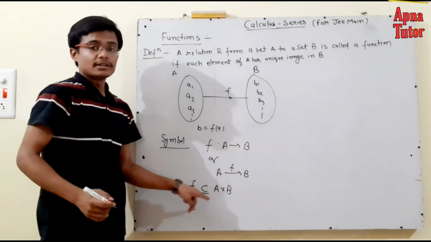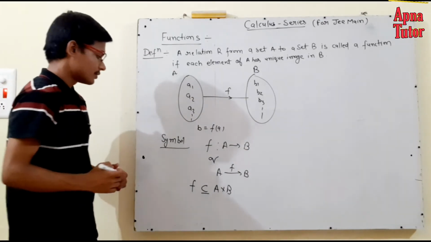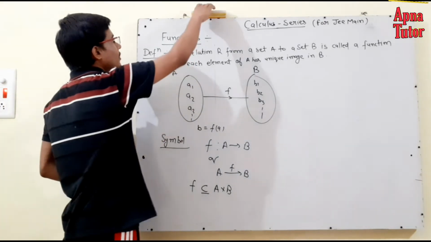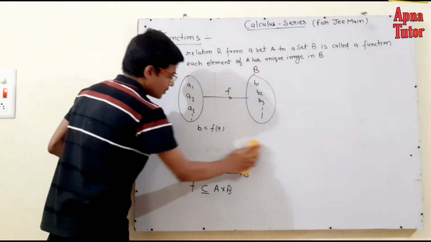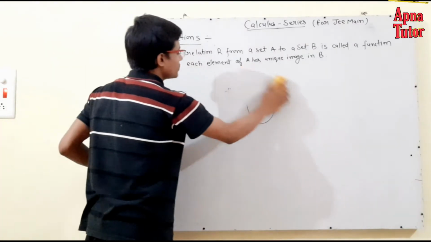A cross B is the Cartesian product of these two sets. So this is the symbol. Now I am going to continue to the representation of functions, how they are represented.